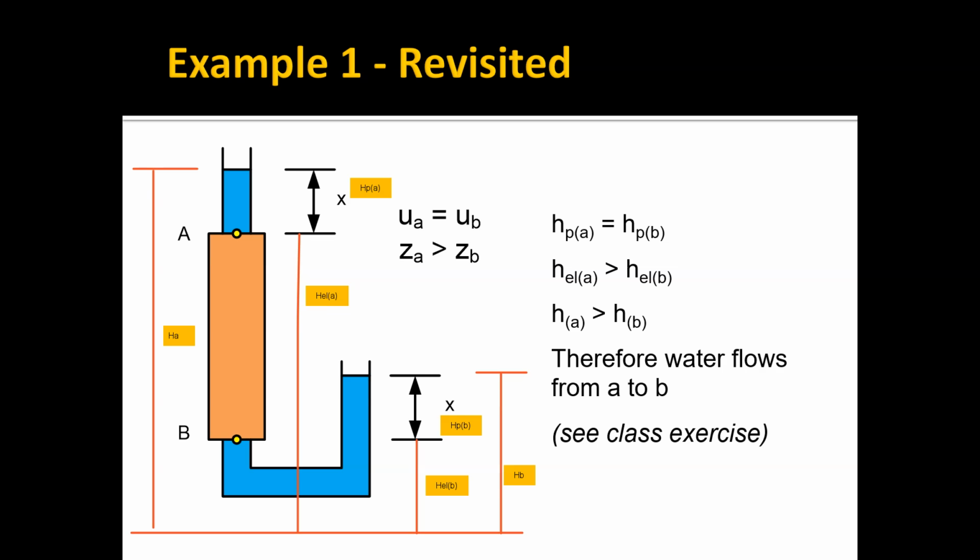We'll call that the total head of point B. Since the total head of A is greater than the total head of B, water is going to flow from point A to point B.